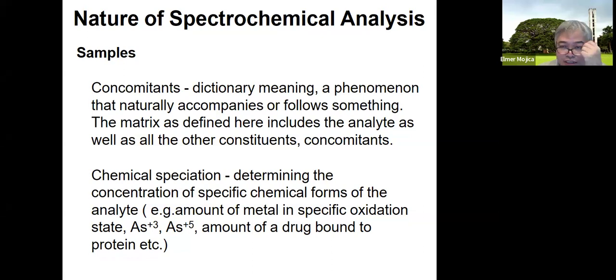Let's say arsenic 3 from arsenic 5. The amount of the drug that is bound to the protein. Or what chromium is the one that is harmful, if you remember? Anong charge yung chromium that was featured in Erin Brockovich? Hexavalent chromium, right?